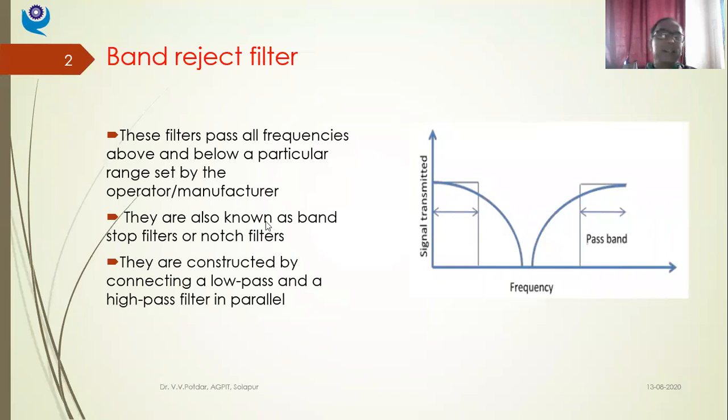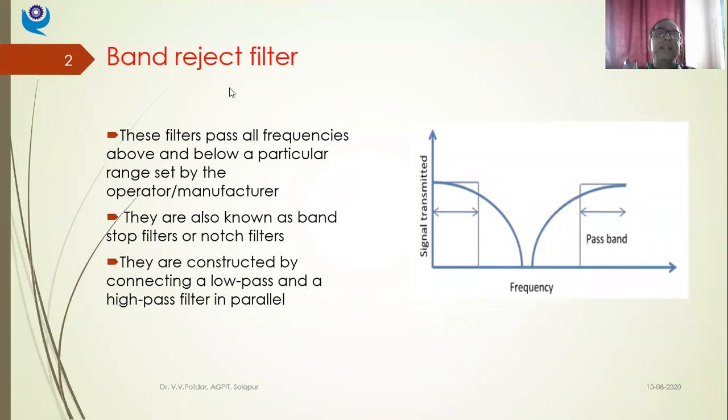They are constructed by connecting a low pass and high pass filter in parallel. So this can also be one more MCQ question. A band reject filter can be obtained by connecting a low pass filter and a high pass filter in: A series, B parallel, C series and parallel, D none of the above.